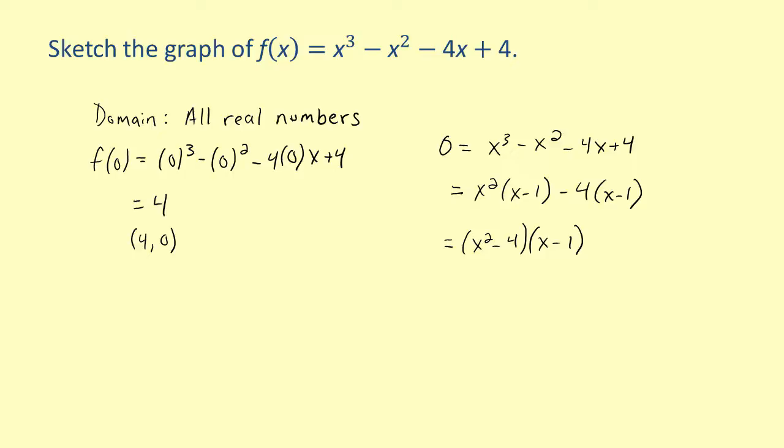This means that we can factor the polynomial further as the quantity x minus 2 times the quantity x plus 2 times the quantity x minus 1. Setting each factor equal to 0 gives the zeros, and thus the x-intercepts. So our x-intercepts are at (-2, 0), (1, 0), and (2, 0).